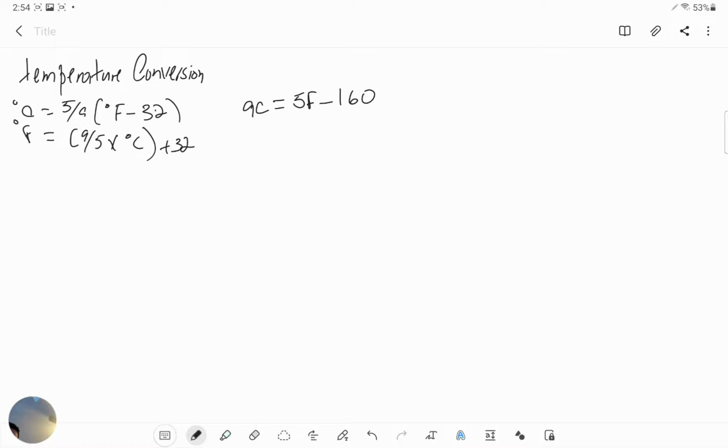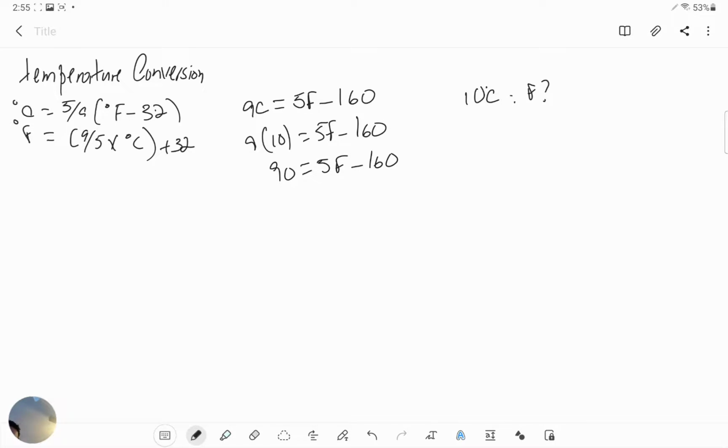For example, if we take 10 Celsius and want to convert it to Fahrenheit, we just replace C by its value. 9C, C is 10, equals 5F minus 160. So 9 times 10 is 90 equals 5F minus 160.